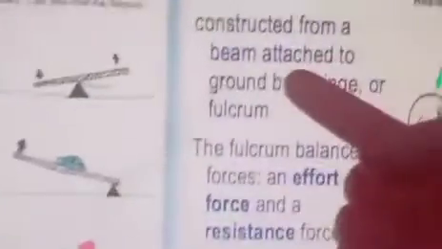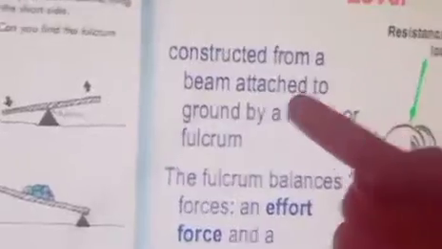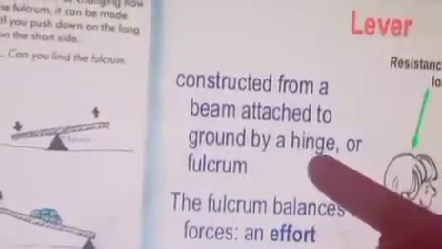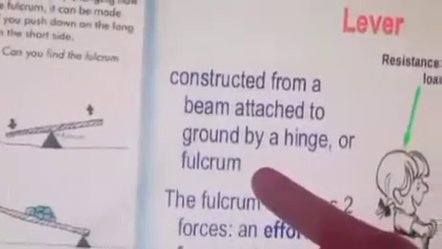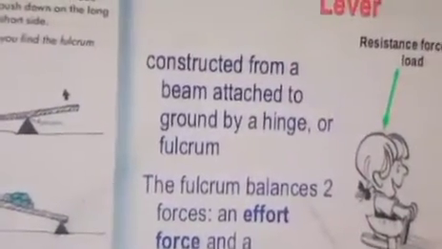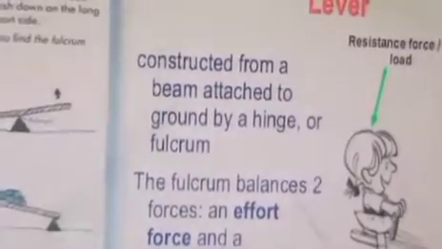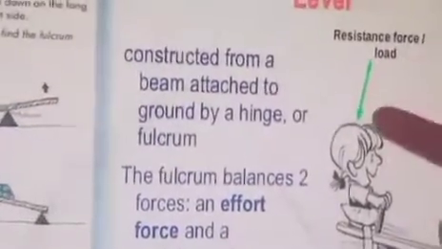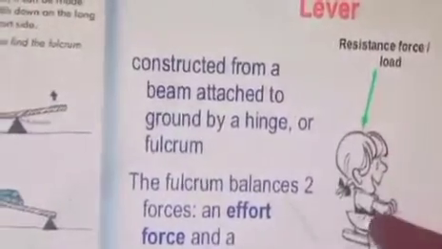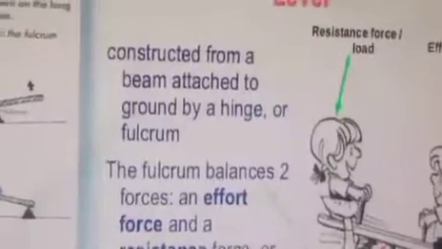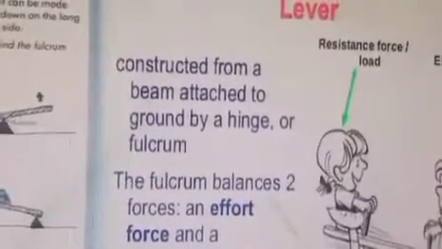So if you have a beam attached to the ground by a hinge or a fulcrum, this is what happens to it when one person has the resistance force and the other person has the effort force. You know what effort is?